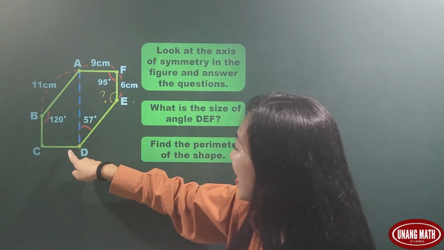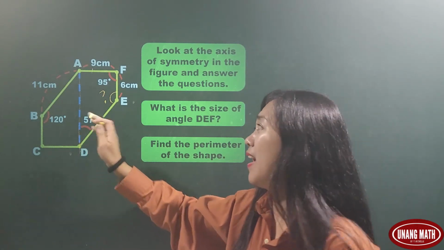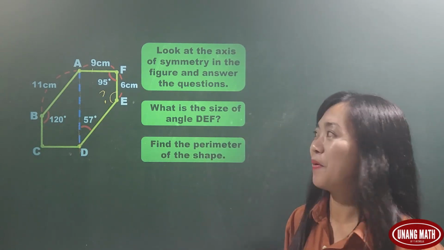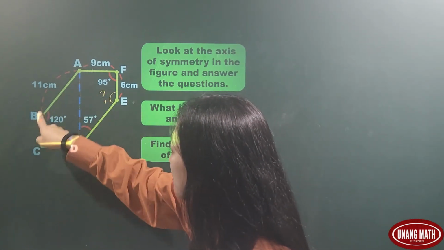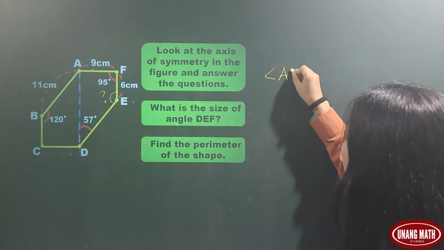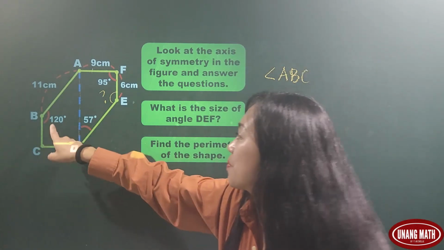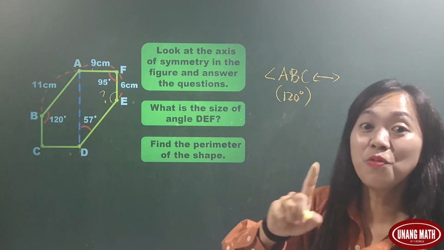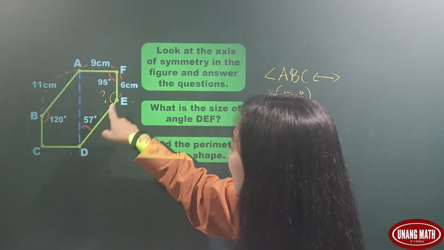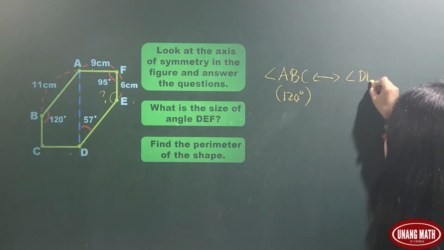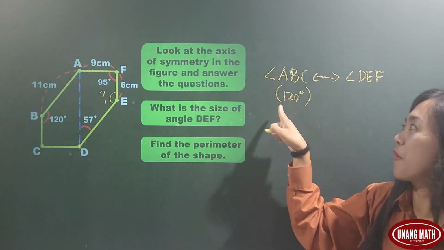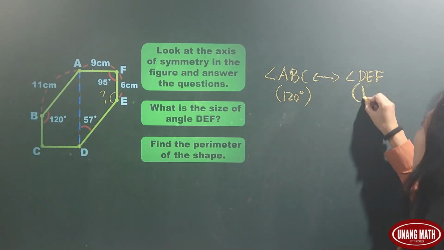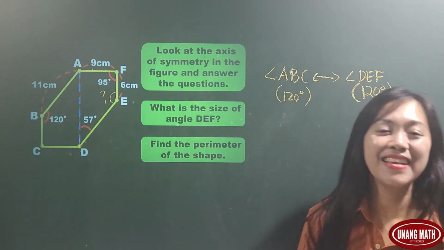So it means kailangan nating hanapin or alamin ang mga corresponding sides and angles para masagot natin ang tanong na ito. Okay, so here, ang angle ABC natin dito, na may measurement na 120 degrees, ay katumbas ng angle DEF. Kung ang angle ABC ay 120 degrees, ibig sabihin, ang angle DEF ay 120 degrees din lang.